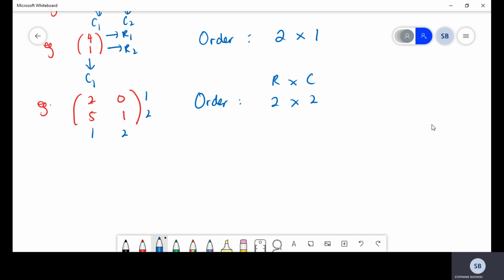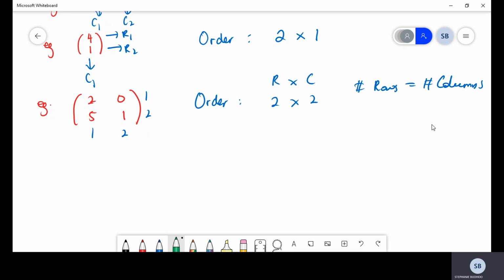Now, some points to highlight are that for one, if you ever encounter a 2 by 2 matrix, because the number of rows is equal to the number of columns, they're exactly the same, then they tend to form a square.